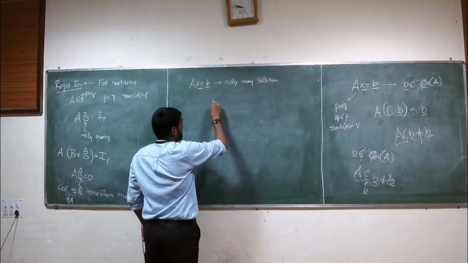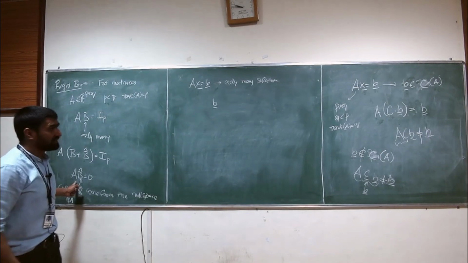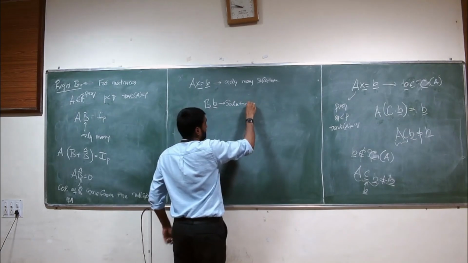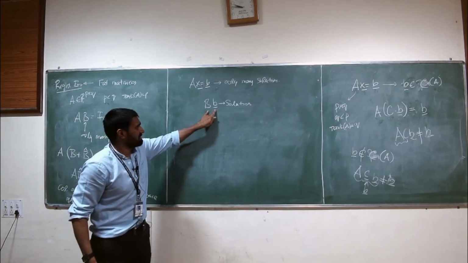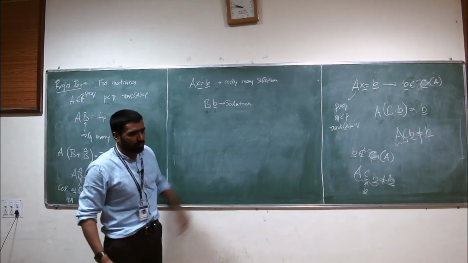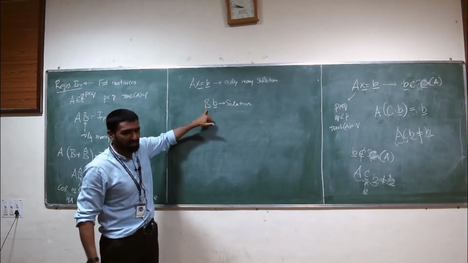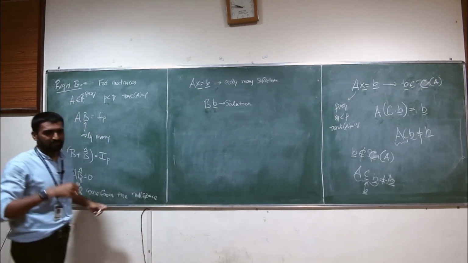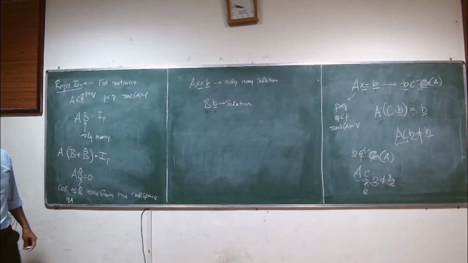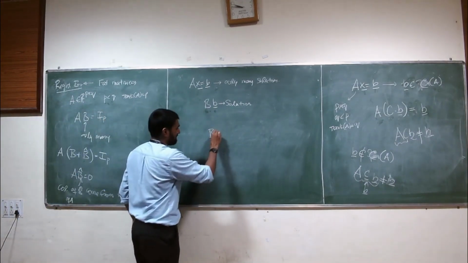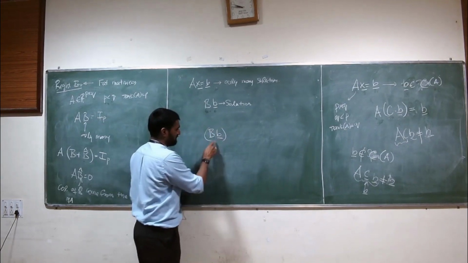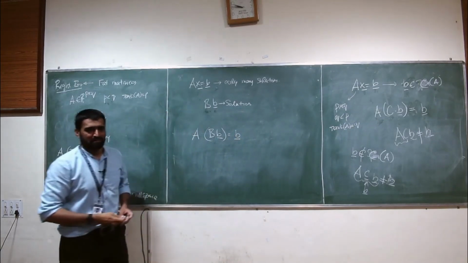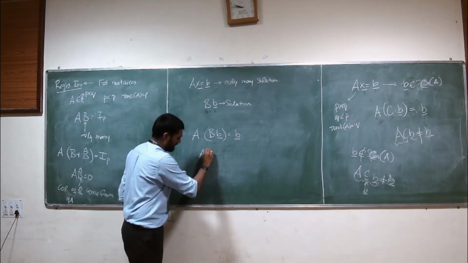You take any right inverse B, and this is a solution. Because there are infinitely many right inverses, you can generate all the possible solutions for x equals B using this. In fact, if you take AB, you get some x, and I multiply it by A, I get B. Is AB equal to I now?